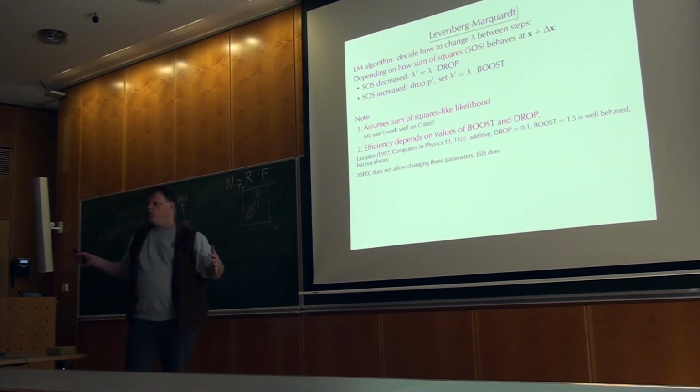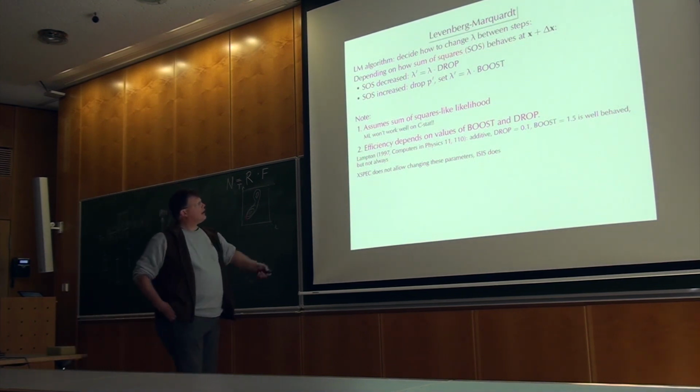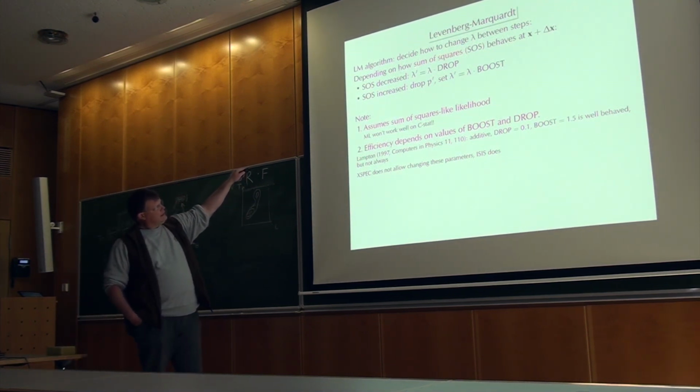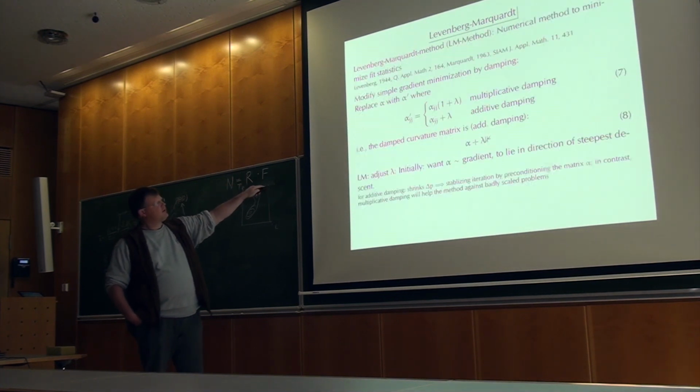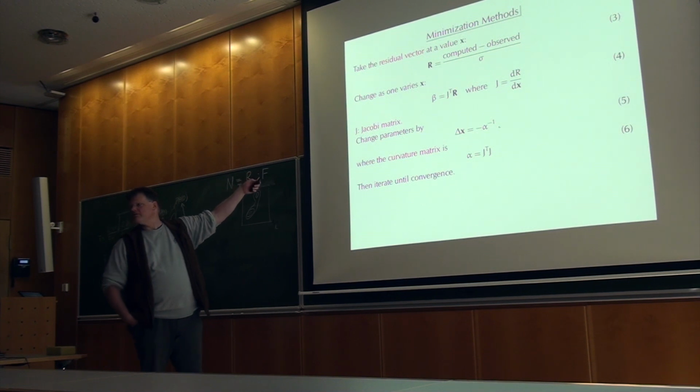If you get farther away, you get closer to the gradient. Okay? And built into the method then is you check what the so-called sum of squares looks like, and the sum of squares is nothing more than taking this thingy here, squaring it and summing it up. Which, if you listened before lunch, this is chi². Okay?